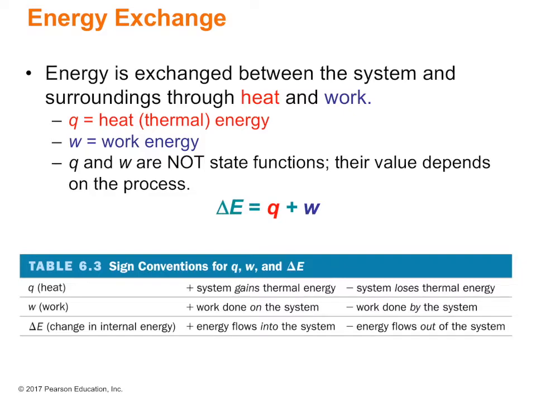Energy is exchanged between the system and the surroundings through heat and work. Q equals the heat or thermal energy. W equals work energy. Q and W are not state functions; their value depends on the process.